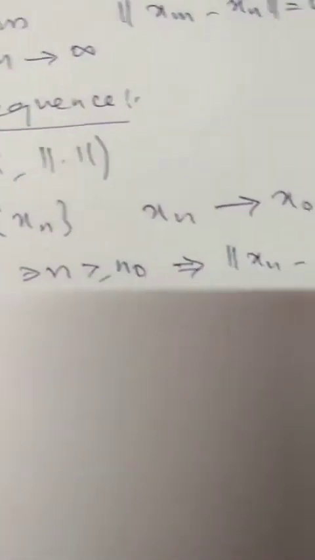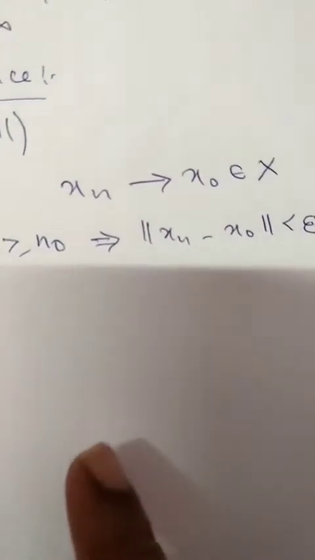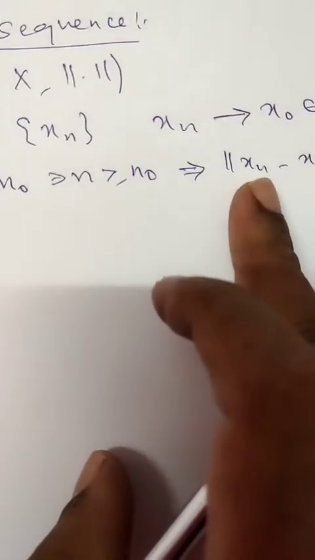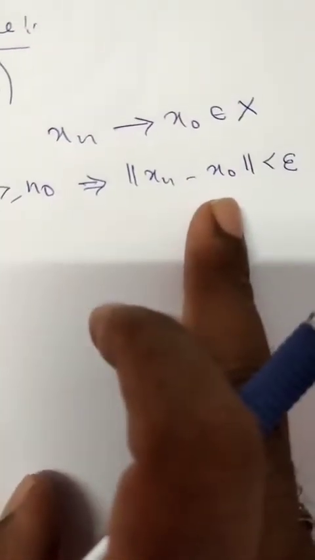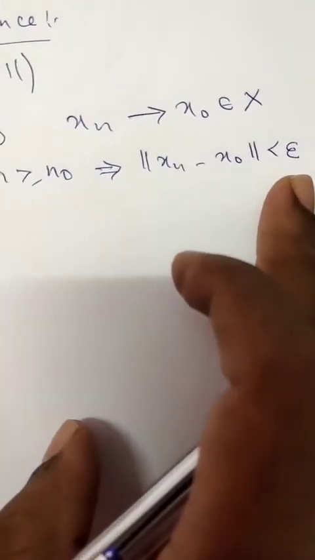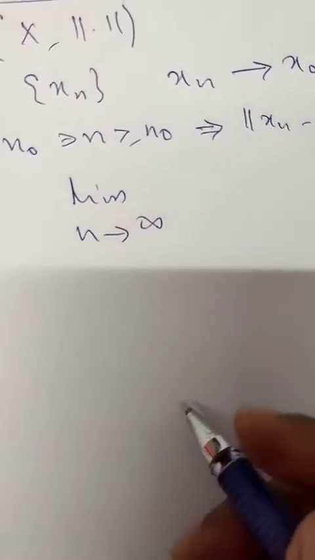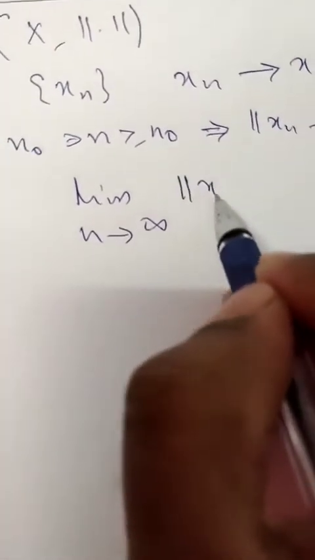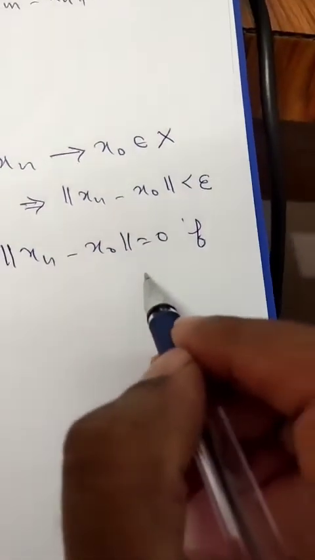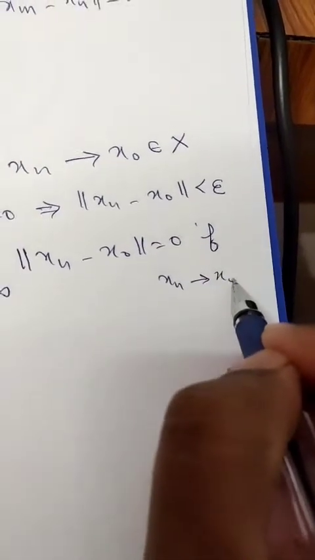So the distance between xn and x naught is less than epsilon after certain stages; xn is converging to x naught, and the distance between xn and x naught is negligible or very small. It follows that the limit as n tends to infinity of the norm of xn minus x naught is 0 if xn converges to x naught.